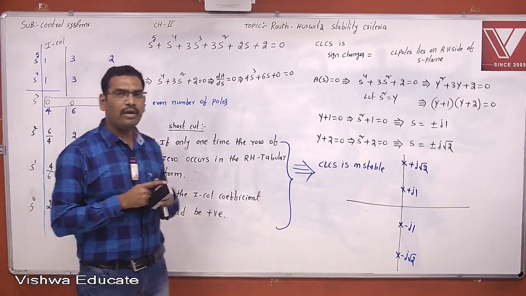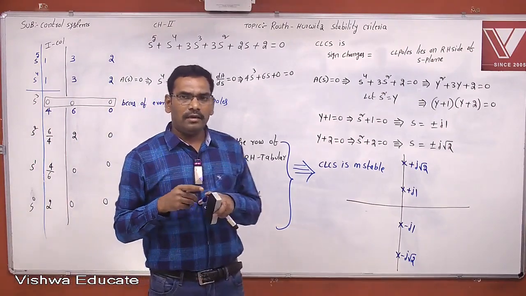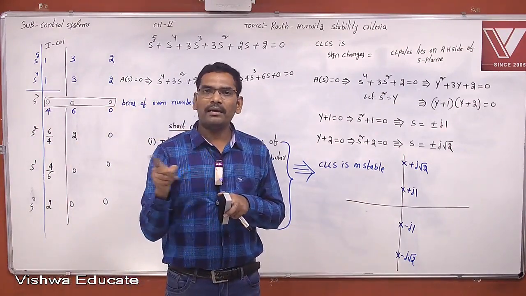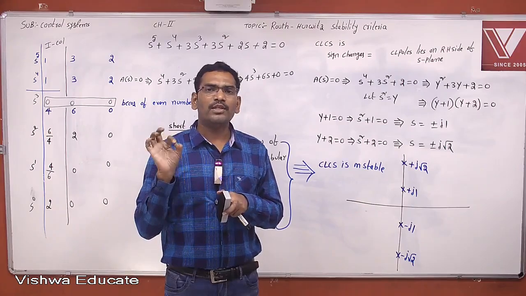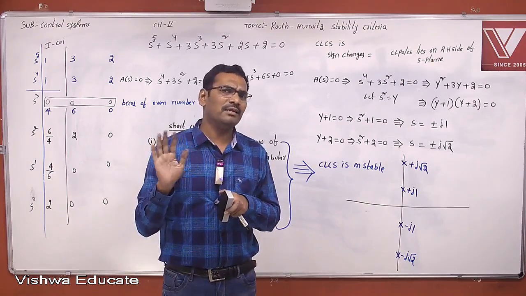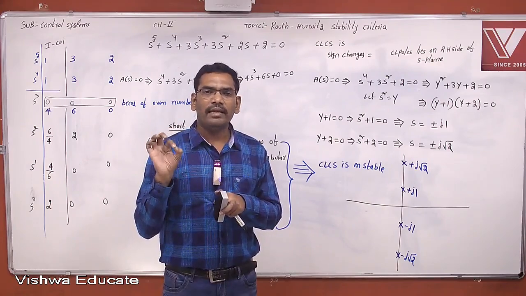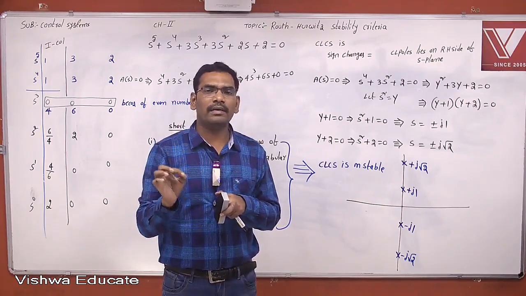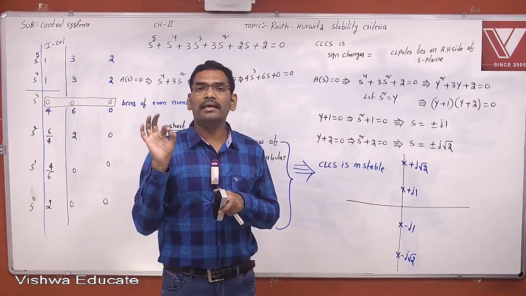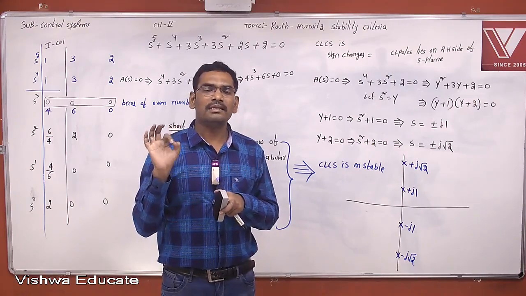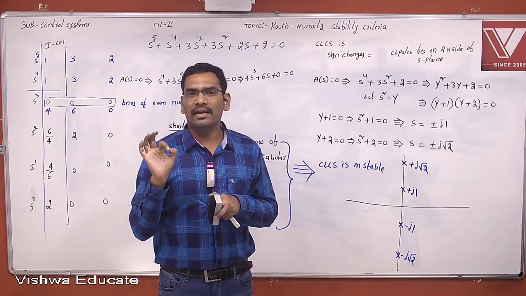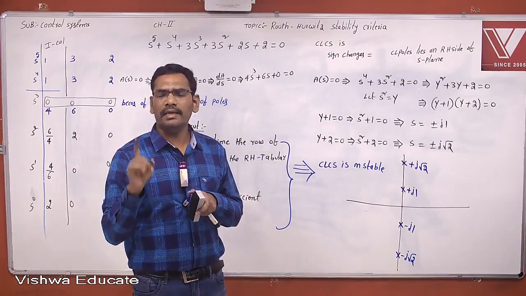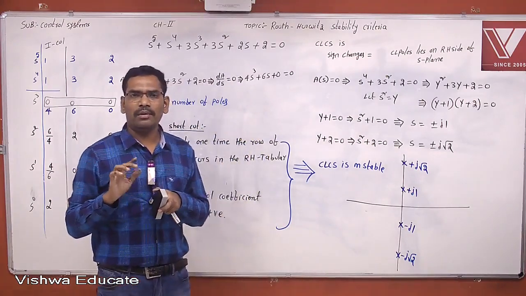So one point you have to identify. Whenever the row becomes 0, that is a reverse second case. Whenever the row becomes 0, in your mind you remember that somewhere in the S-plane there are an even number of poles, or somewhere in the S-plane the poles are arranged symmetrically. That point you should remember. Don't just remember stable, unstable, marginal.